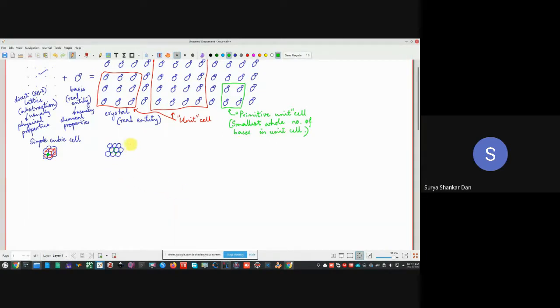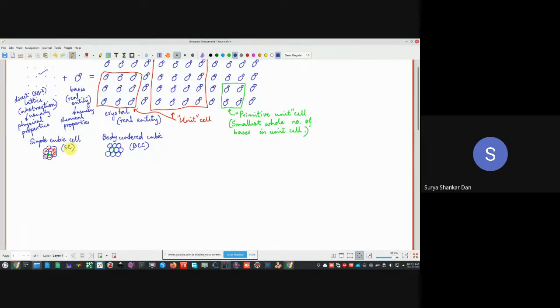If you are trying to find out the primitive unit cell for this, it happens to be body-centered cubic, or BCC. This is the SC.